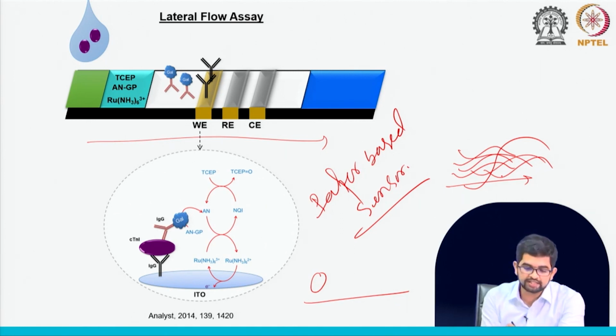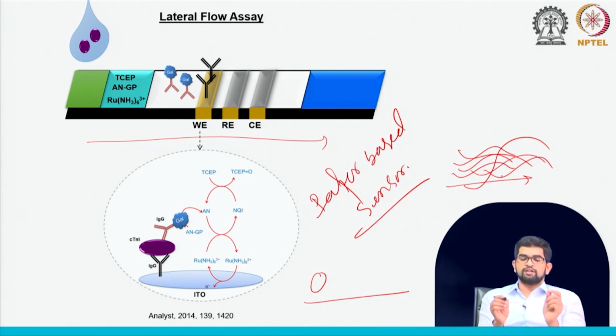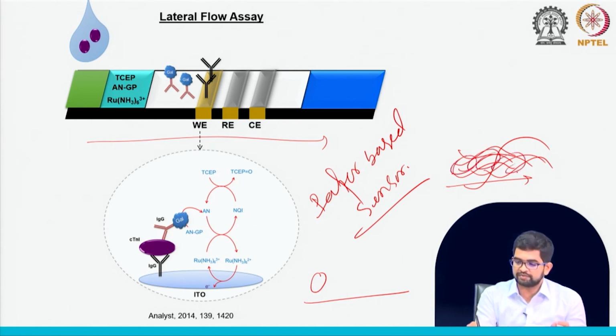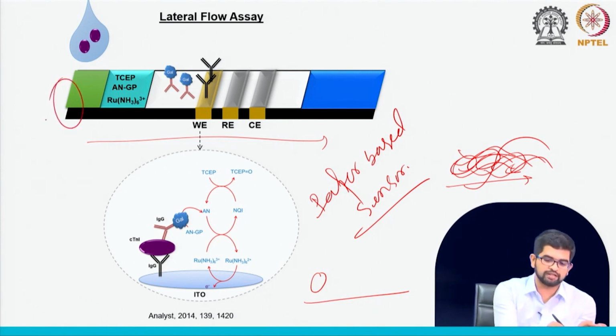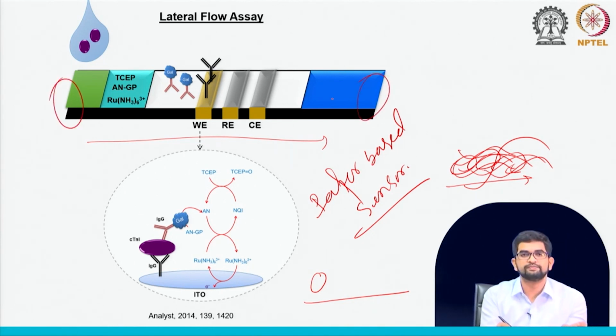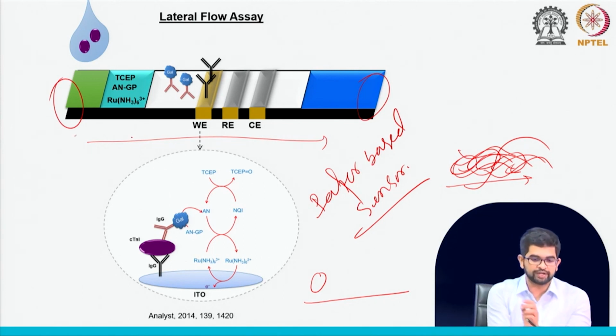It is a kind of microfluidic, you can say all these channels help the liquid flow from one part of the paper to another part. So, this is lateral flowing.